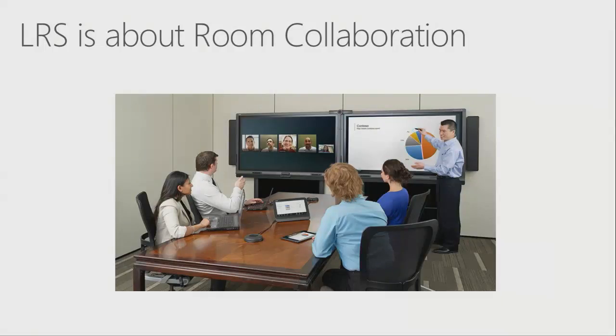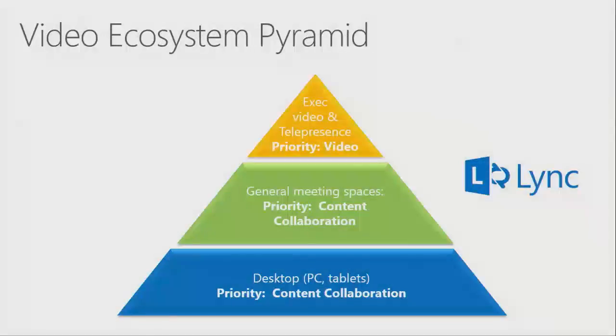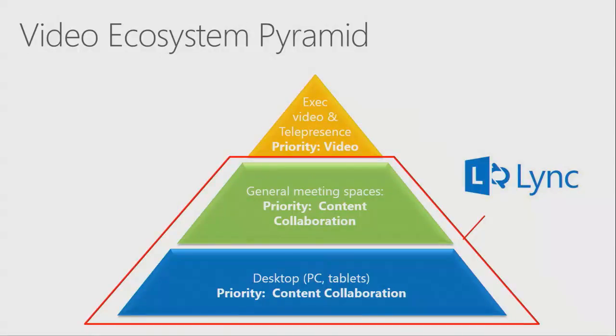Okay. Here's a quick diagram of the video ecosystem pyramid. Where things are today, you have the video room systems, which are often targeted toward your executive users. And then you have Lync, which is targeted toward the masses in terms of desktop collaboration. What the LRS does is start to fill in this middle gap of room-based collaboration in these collaboration spaces. It's intended to be used by a broader array of folks.